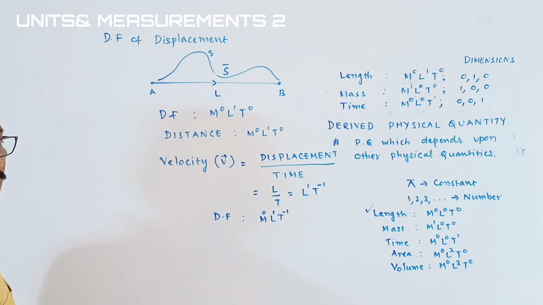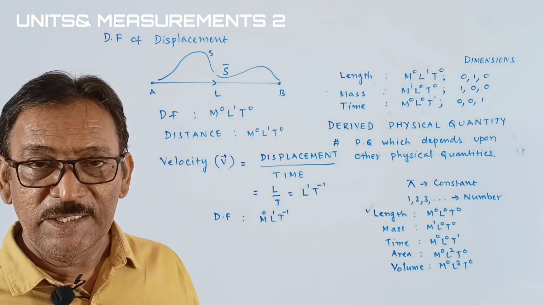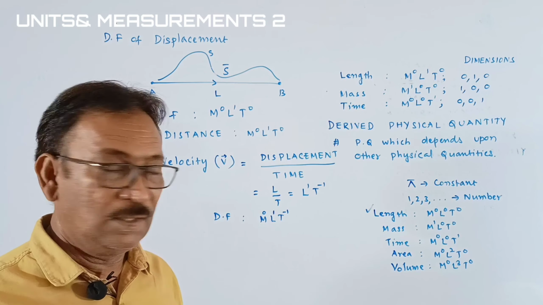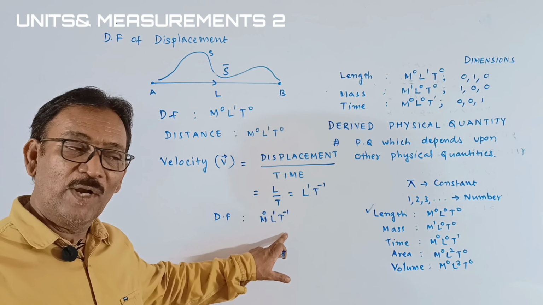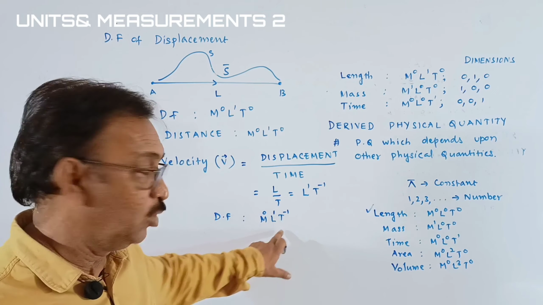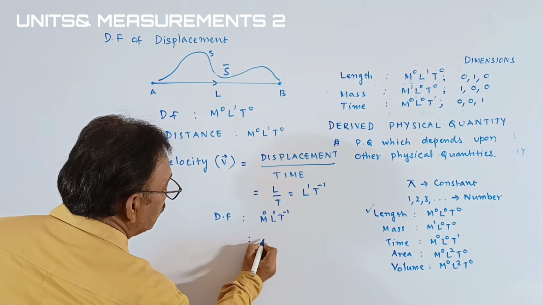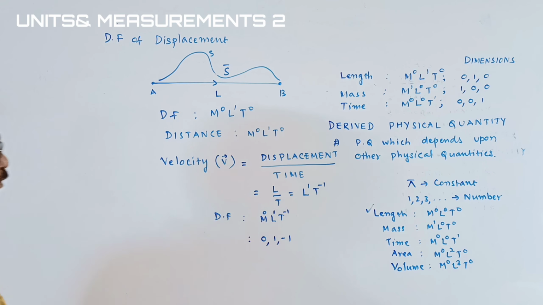Till now we went through dimensions which are only zeros or positive. Now we are writing negative dimensions. We wrote the zero dimensions, then the positive dimensions, and now the negative dimensions. What are the dimensions? 0, comma 1, comma minus 1. Okay, students, velocity is over.